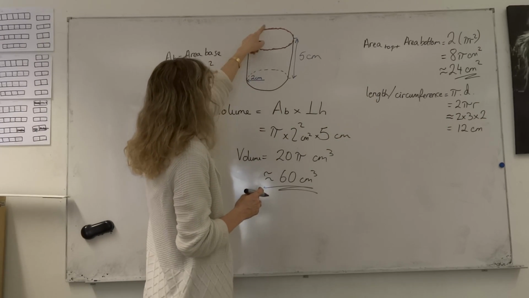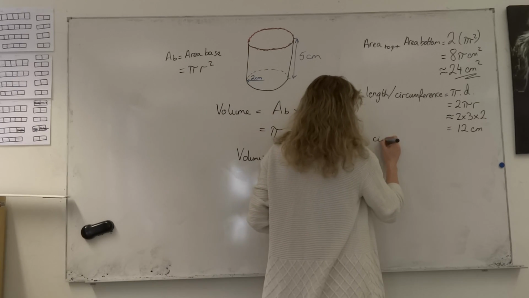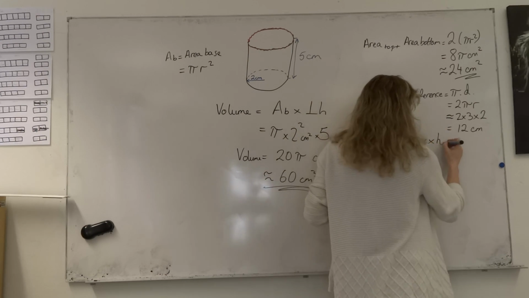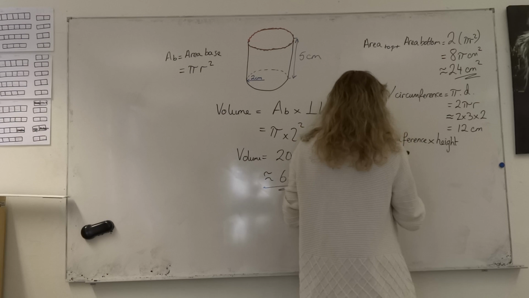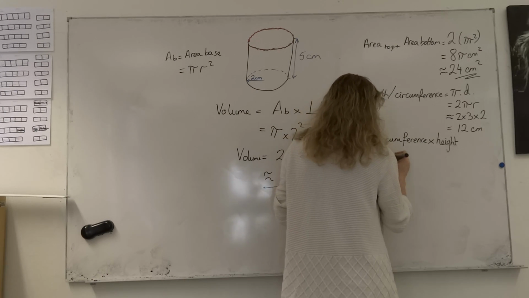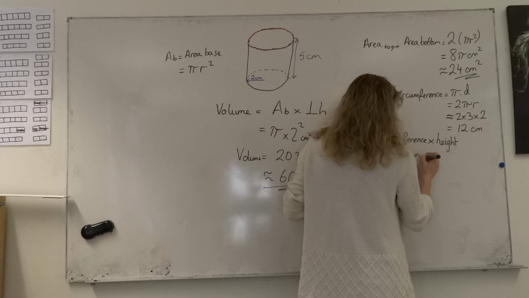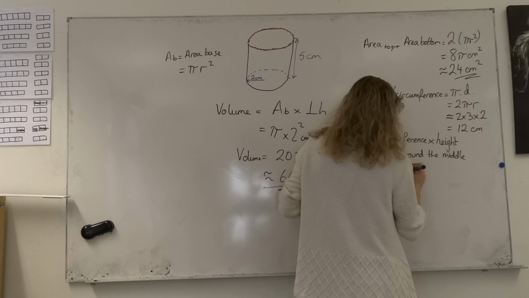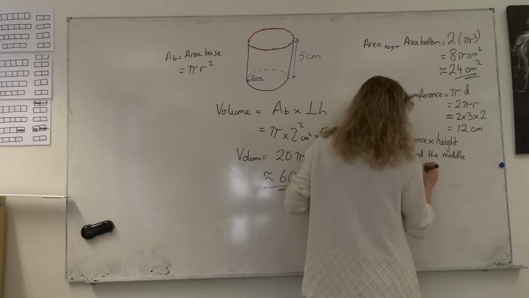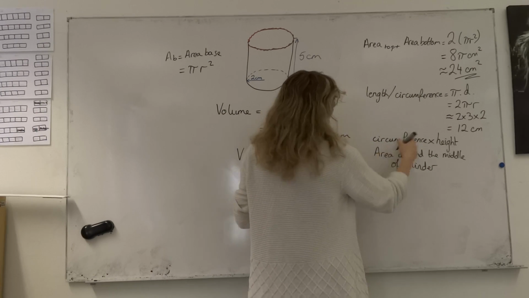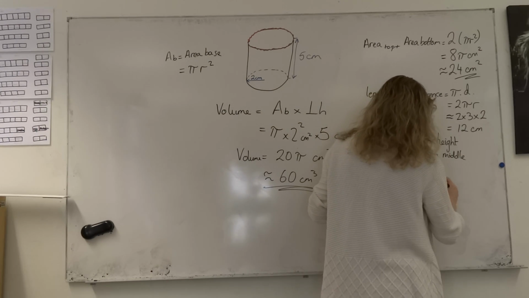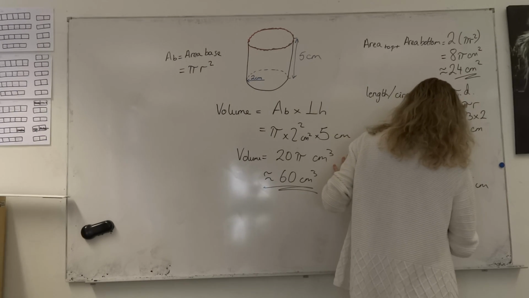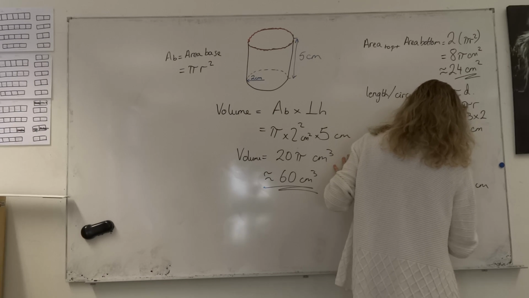So we know that the outside circumference multiplied by the height will give us the area around the middle of the cylinder, the rectangular block. So the circumference, we know it's 12 centimeters, multiplied by our 5 centimeters perpendicular height is 60 centimeters squared.